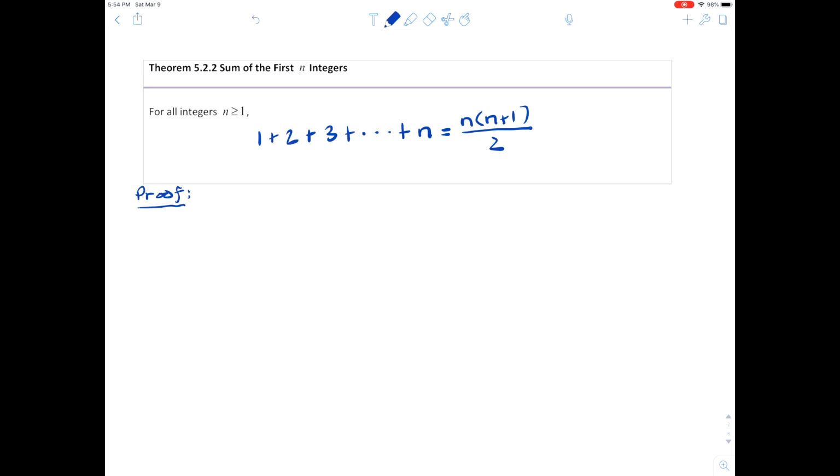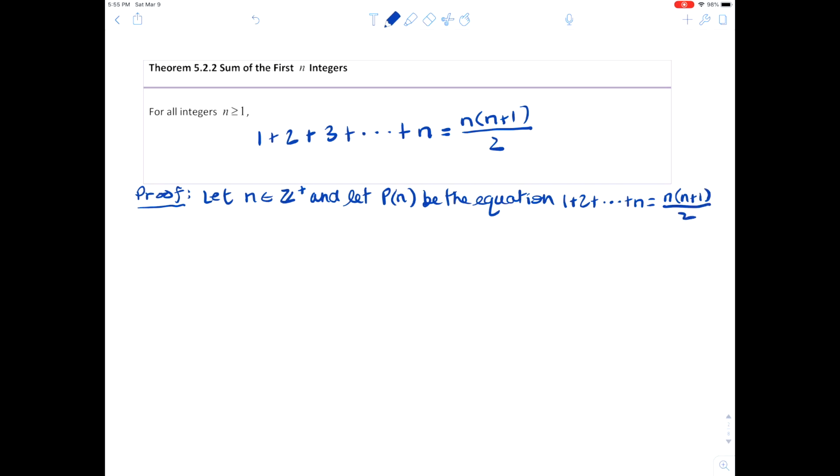So, all right, we're starting with n equal to 1, so we could just say let n belong to the positive integers, right? And we're going to let P of n be the equation 1 plus 2 plus dot dot dot plus n is equal to n times n plus 1 all over 2.